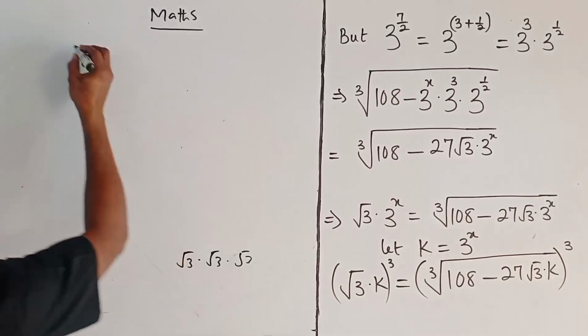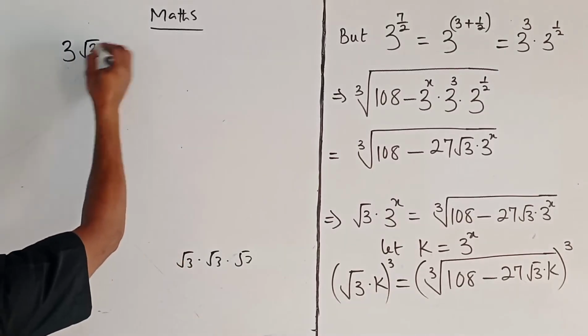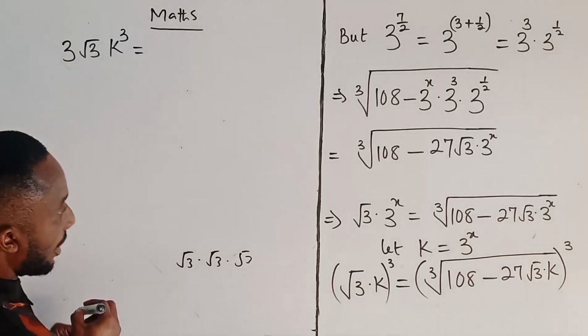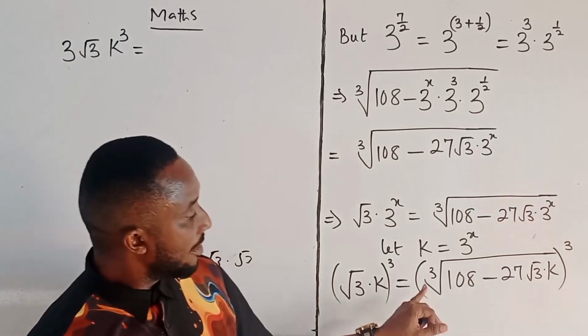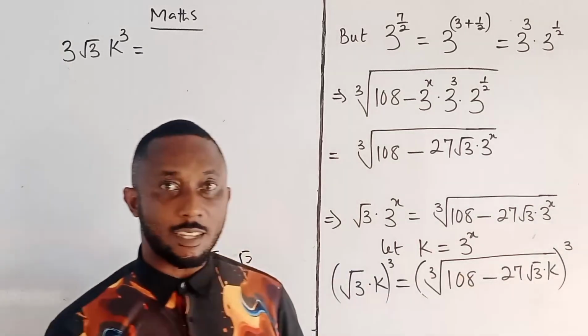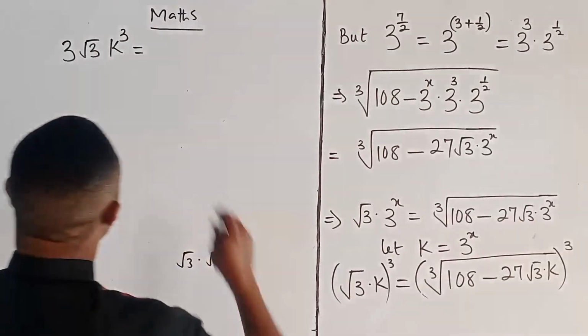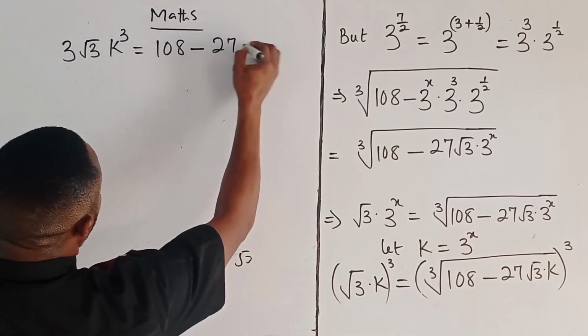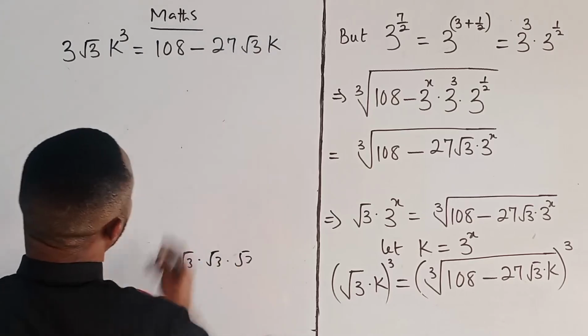So we are going to be having 3 rad 3, then k cube. Here, this cube root, we undo the cube, the radical sign will disappear. We'll be having 108 minus 27 rad 3k.